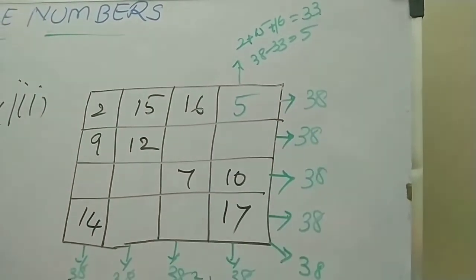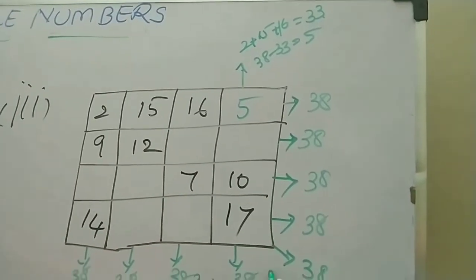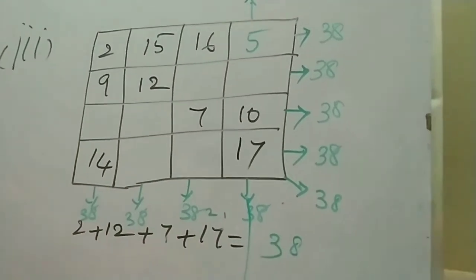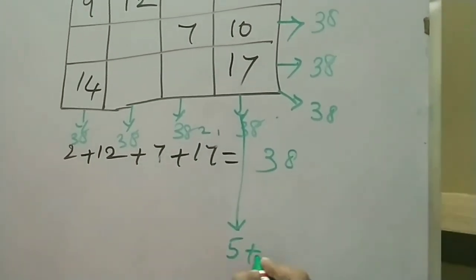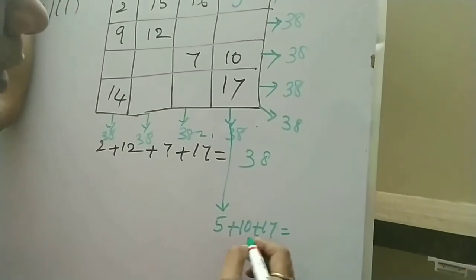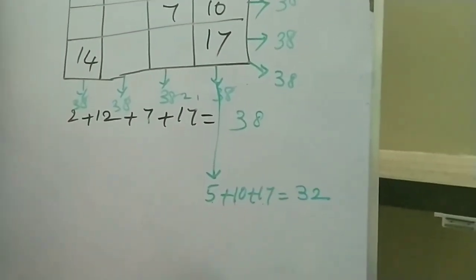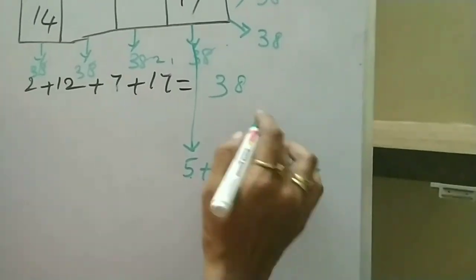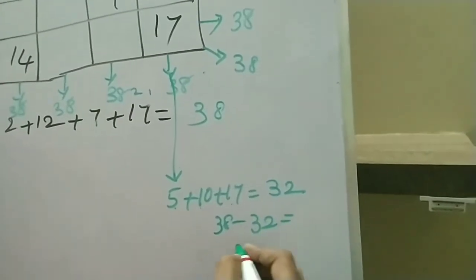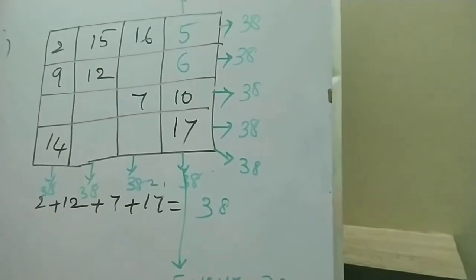After that, we will see this horizontal line. Here I am writing 5 plus 10 plus 17. How much? 27 plus 5, 32. So the sum must be 38. So 38 minus 32, you get 6. So this must be 6.